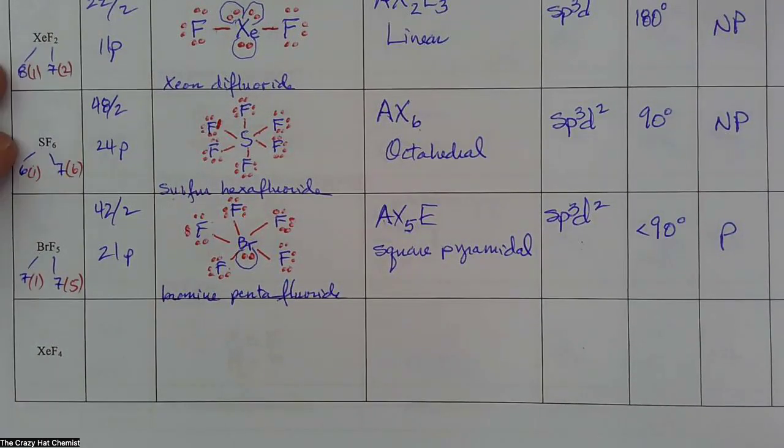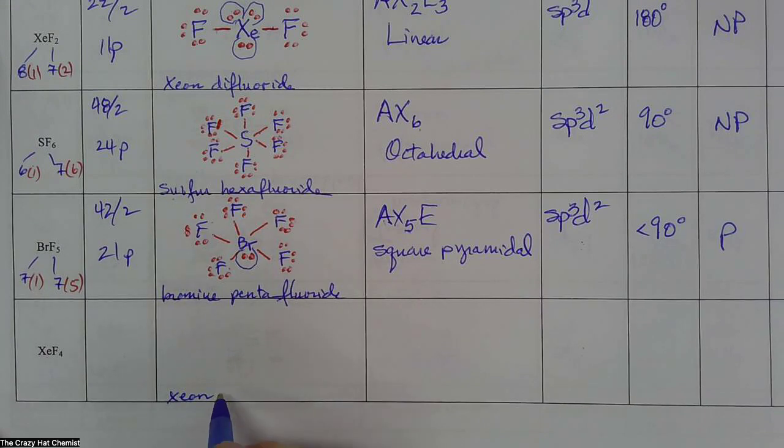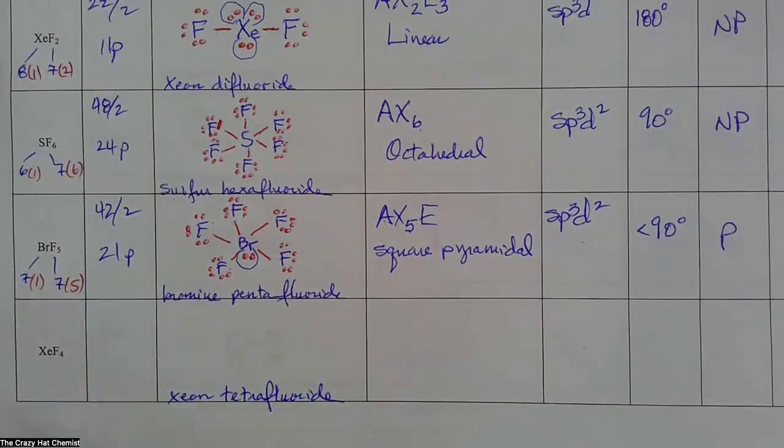All right, we've got one more to do on this side of the page, and then we're done with this side. This is xenon hexafluoride. Wait, what? Xenon tetrafluoride, not hexafluoride. Xenon has 8 valence electrons and fluorine has 7.